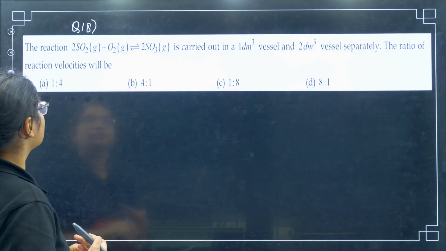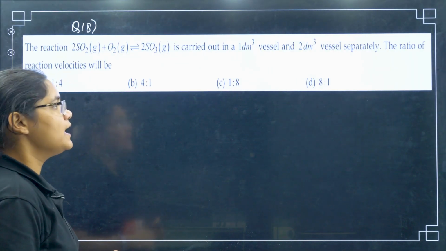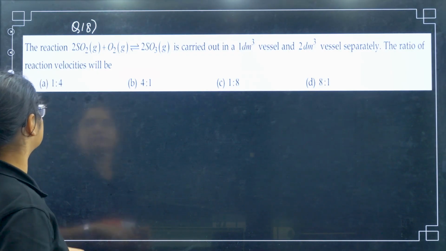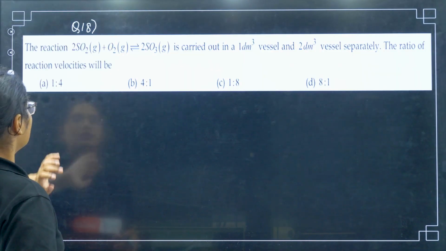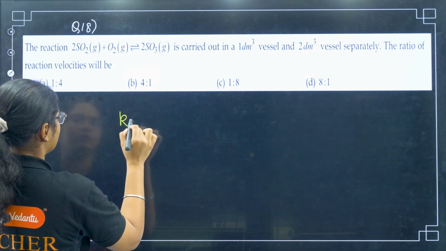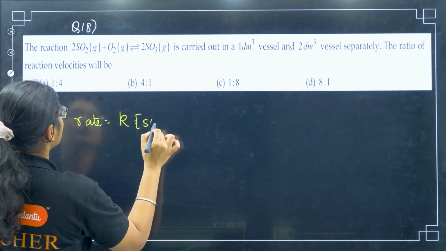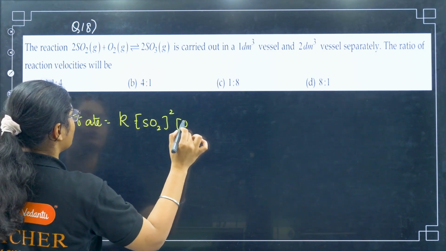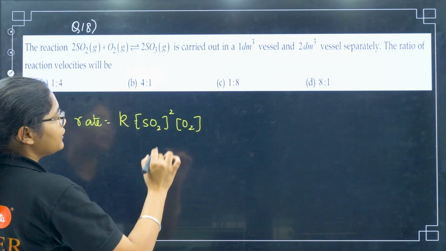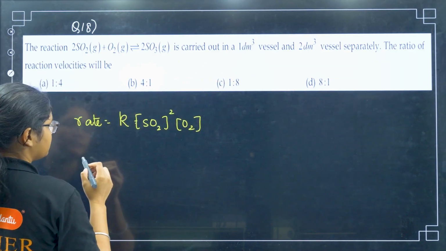Next, the reaction 2SO2 plus O2 gives 2SO3 is carried out in a 1 decimeter cube vessel and a 2 decimeter cube vessel separately. The ratio of the reaction velocities will be? Now here you can see that the rate is equal to K into SO2 whole square and O2. When you carry it out in a 2 decimeter cube vessel, the concentration will become half.